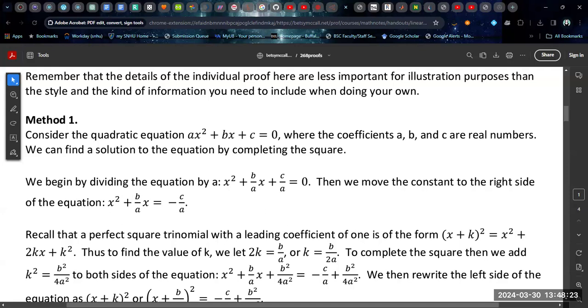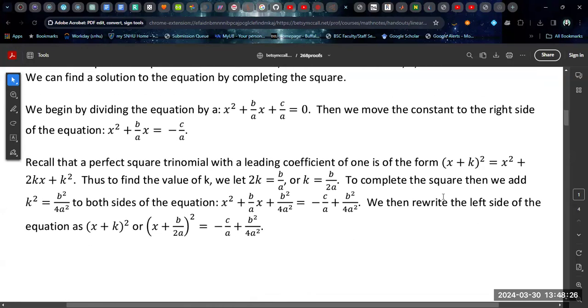Now, the rule for a perfect square is that if I have a form x plus k squared, then when I FOIL that out, the perfect square trinomial is x squared plus 2kx plus k squared. So what I want to identify is that if I want to complete this square, I need to find the value of k by identifying 2k, the coefficient of my x component, to be the value of my x component in the form that I have.